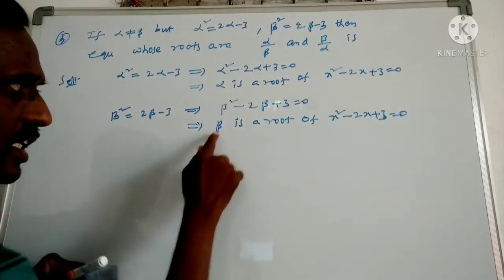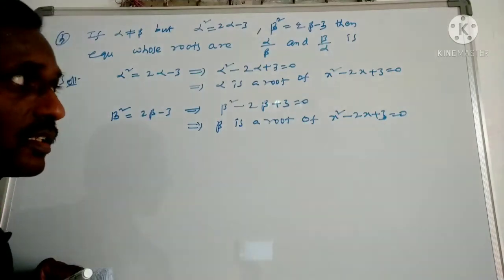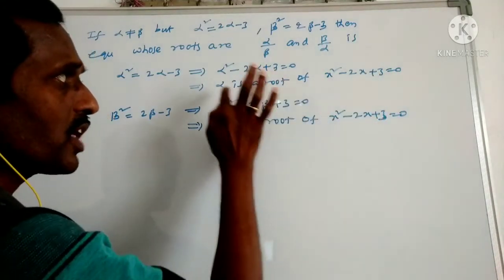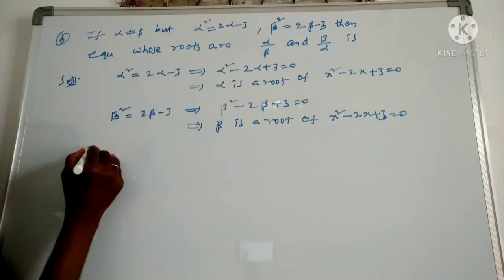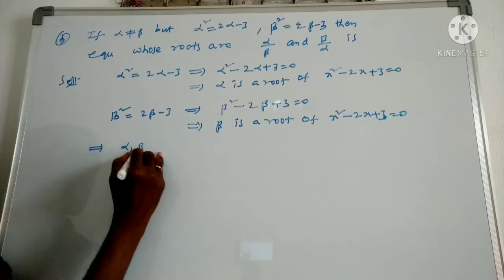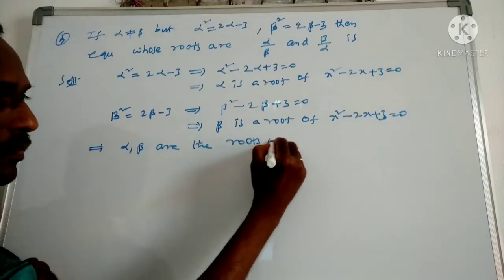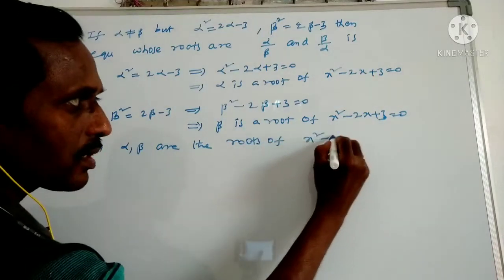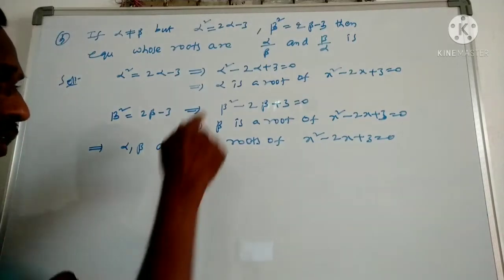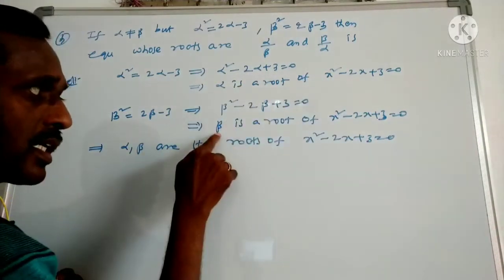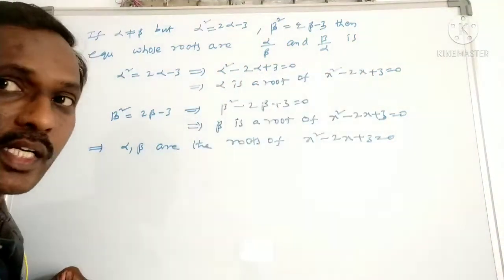Why? Because if you write beta in place of x, we get the equation. So beta is also a root of the equation. The equation is the same, and alpha and beta are both roots. So this implies that alpha comma beta are the roots of x square minus 2x plus 3 equals 0. Is it clear? Alpha is a root of this equation and beta is also a root of the same equation, meaning both are roots of this quadratic equation.